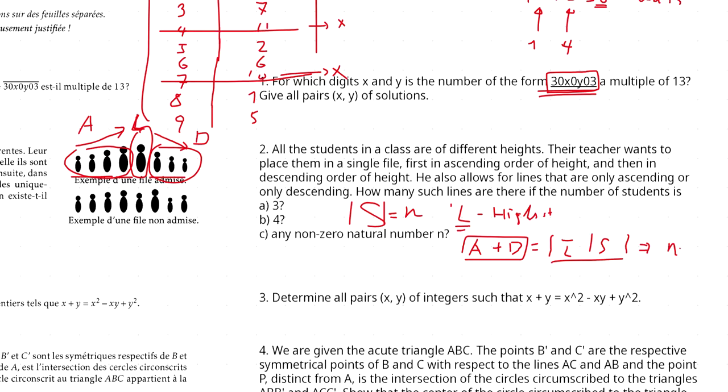Only L, only the biggest or tallest student, is out, right? So n minus 1.